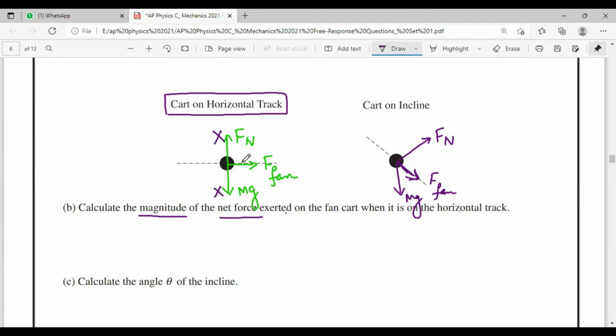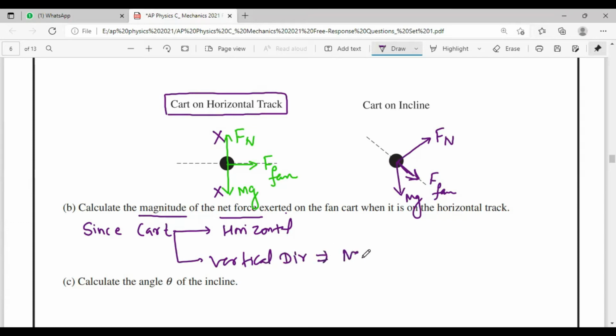Why? Because the cart is going in the horizontal direction, so the net force in the vertical direction should be zero. There will not be any force in the vertical direction.